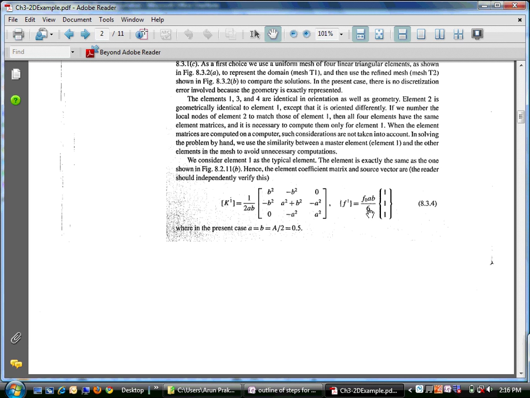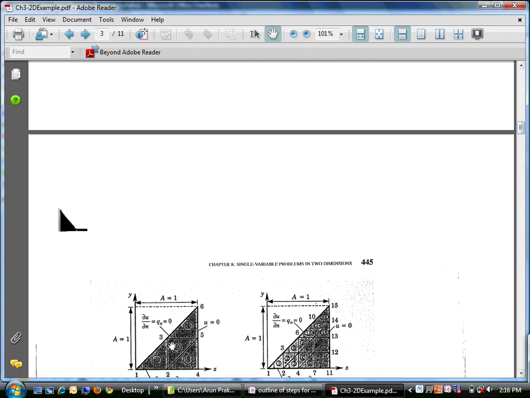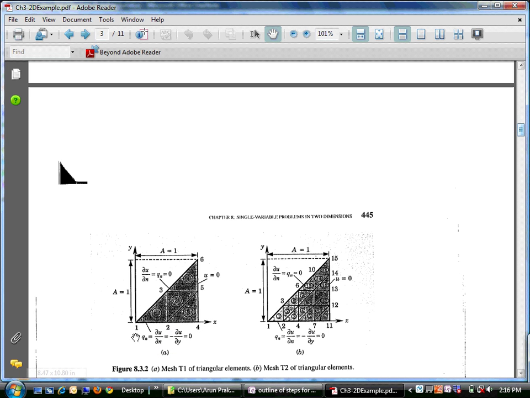And you can verify the force vector by the following. What is the area of each of these triangles? So let's consider this one small triangle. What would be the area of that triangle? So A, we are assuming, is 1, and that is the width of this triangle. So A is 1, height is 1.